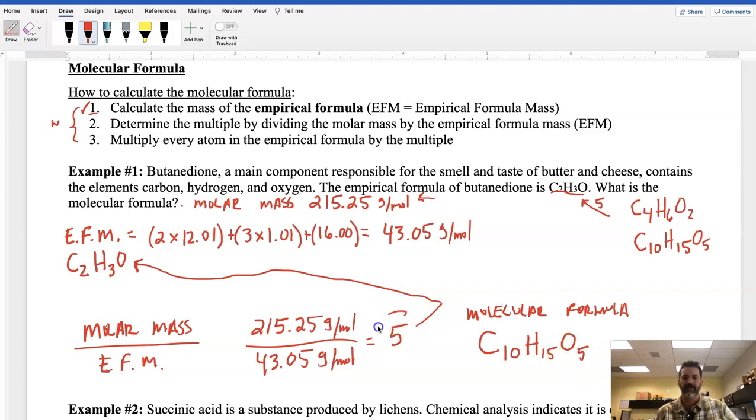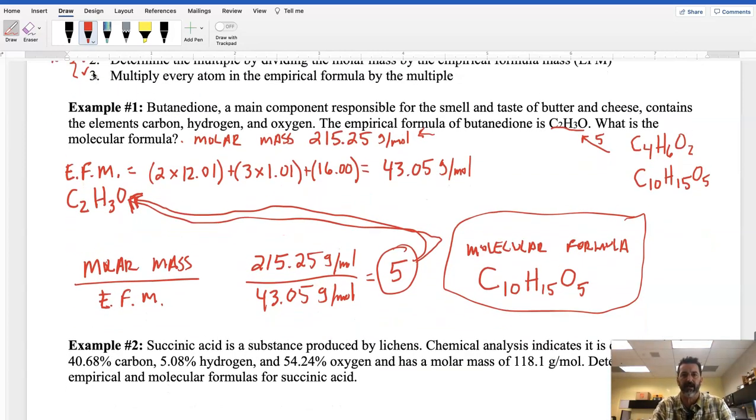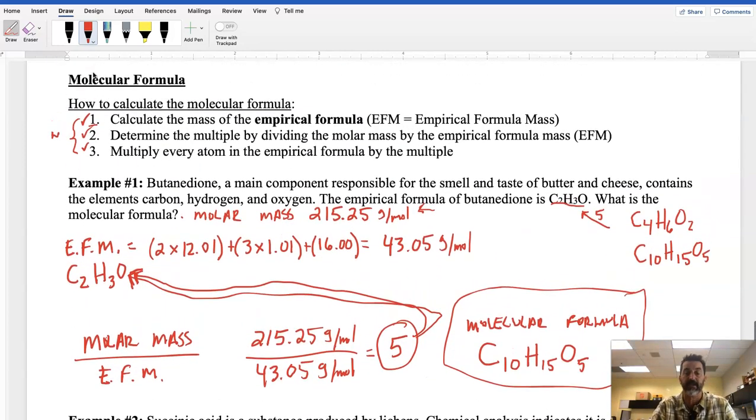So I'm just going to take this number and multiply it back into the empirical formula, and that will give me my molecular formula. And then step 3 just says multiply every atom in the empirical formula by the multiple, which we just did. Okay, perfect. So that is how we find the molecular formula, which is the actual number of atoms in the compound.